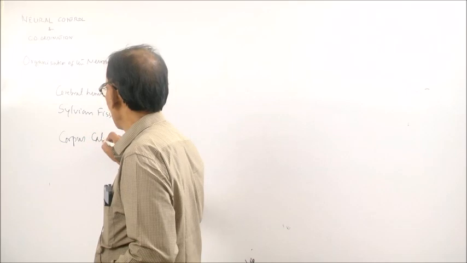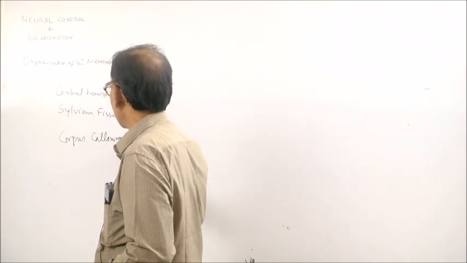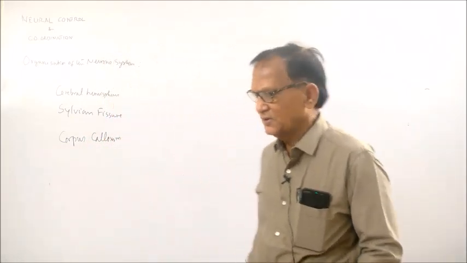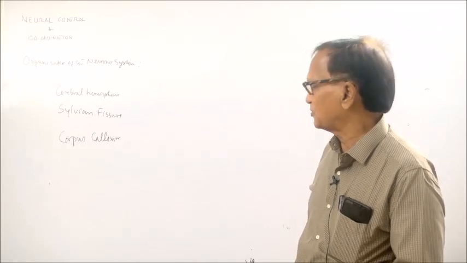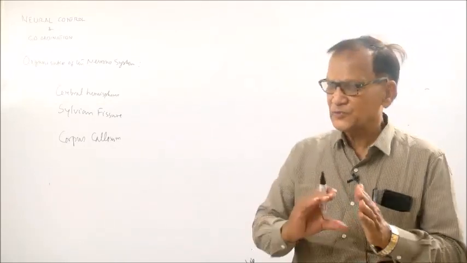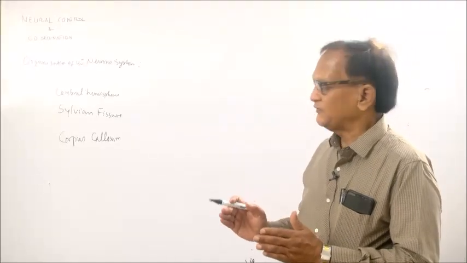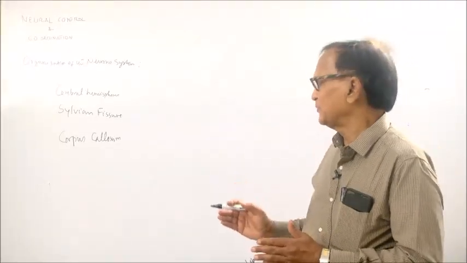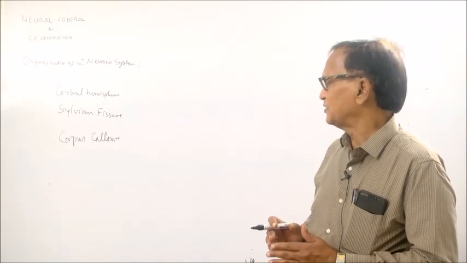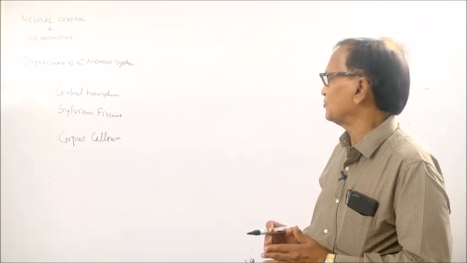Corpus callosum is a nervous band characteristic of mammalian brains. It joins the left and right cerebral hemispheres, bringing about a coordination in their controlling functions.